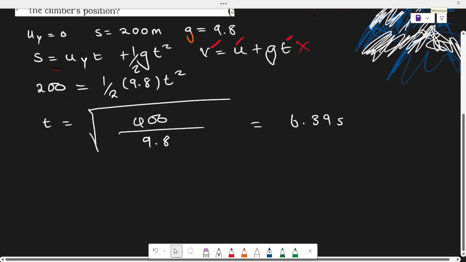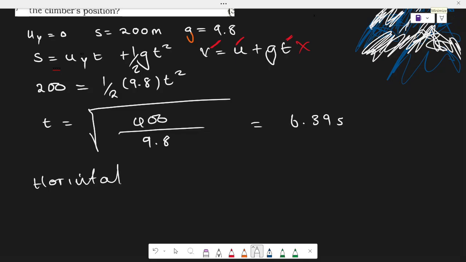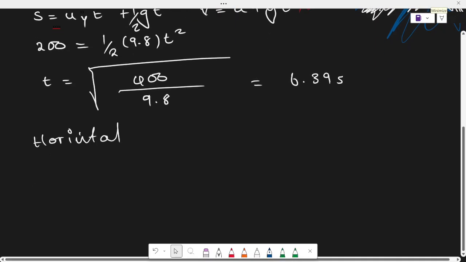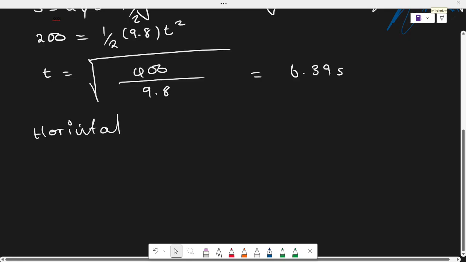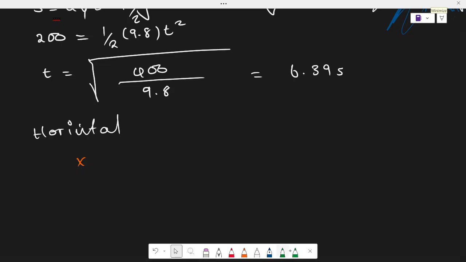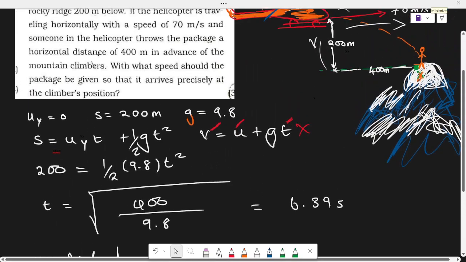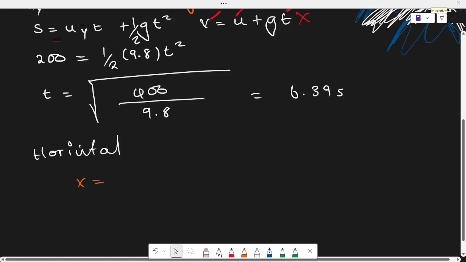For us to do that, we'll go into the horizontal now, since we have the time of flight for the package. We know that x, which is the range or the horizontal displacement, is equal to Vx t.